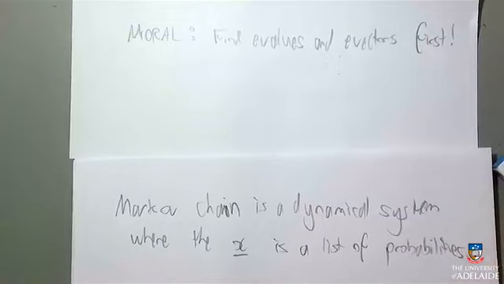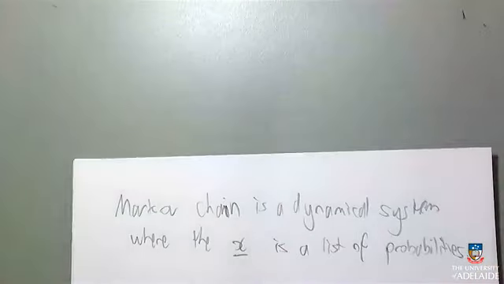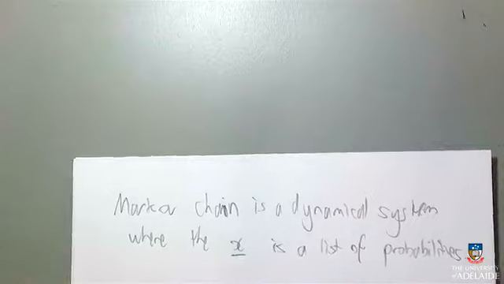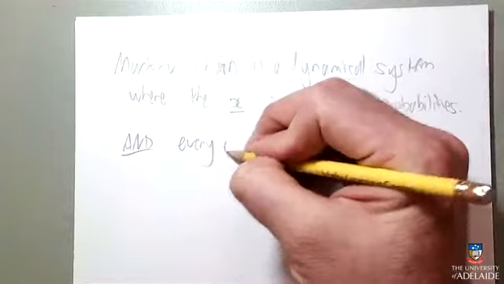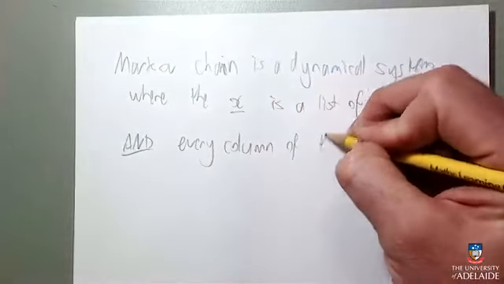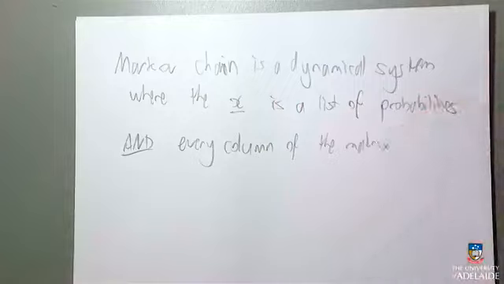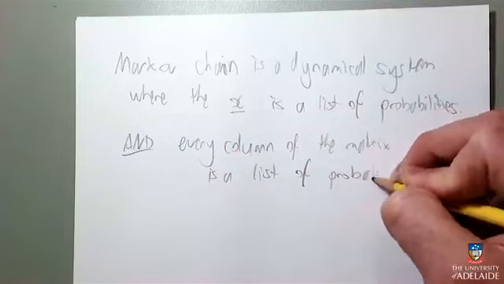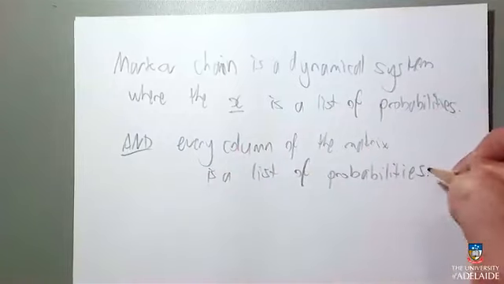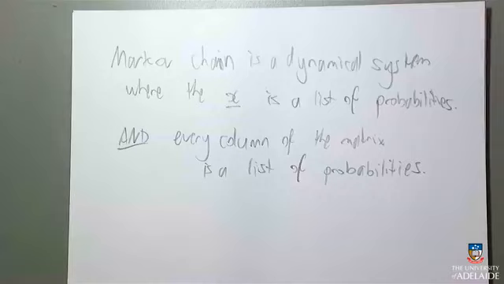Or it could be proportions, doesn't really matter. So being a list of probabilities, and even better, not only is the x a list of probabilities, but every column of the matrix is a list of probabilities as well. And that's a really useful piece of information.